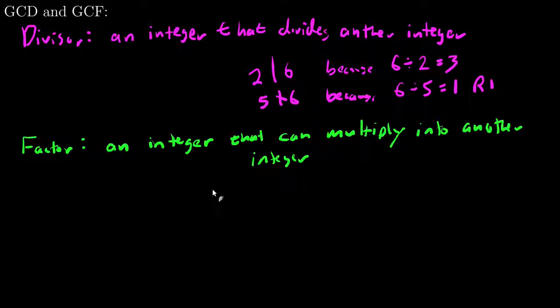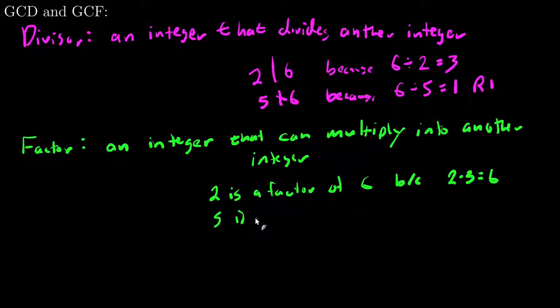So for instance, 2 is a factor of 6 because 2 times 3 equals 6. 5 is not a factor of 6 because there is no integer x such that 5 times x equals 6. It has to be some rational number in this case.